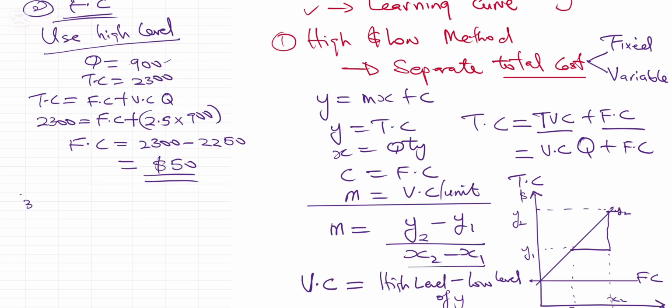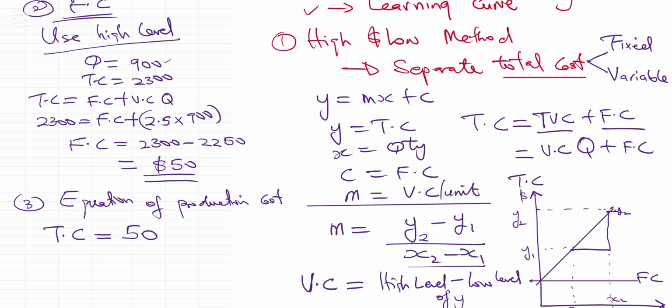Then lastly, we can determine the equation of the production. So the last stage is to determine the equation of production cost. Remember, total cost will now be equal to fixed cost of 50 plus variable cost of 2.5 multiplied by the quantity. So with this equation, we can estimate any total cost at any given activity level.